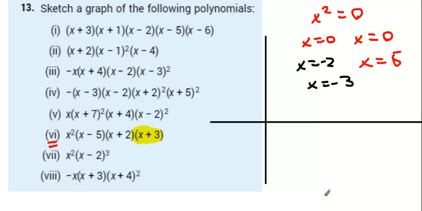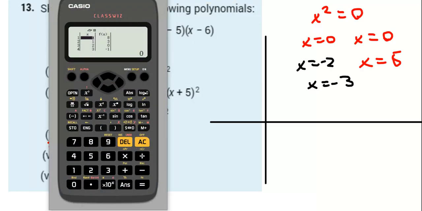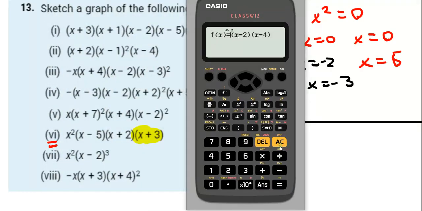I'm going to go to my calculator, and in this calculator, I'm going to input this in. And what we should get... all right. For argument's sake, you're only sketching it.